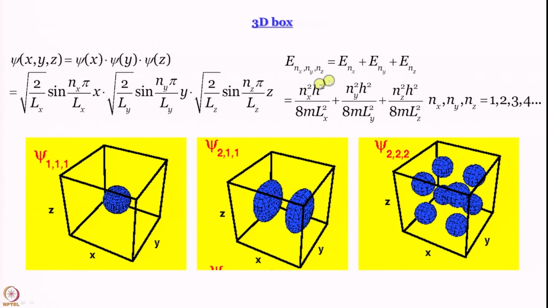Energy is a sum of 3 terms, and you have nx, ny, nz, and the situation can be quite maddening, especially if we are talking about a box which does not have all equal sides. The bigger problem is how am I supposed to draw the wave function? Because x, y, z are taken up by the box, to draw the wave function I need a 4th dimension.